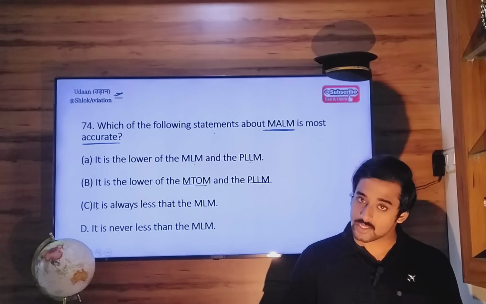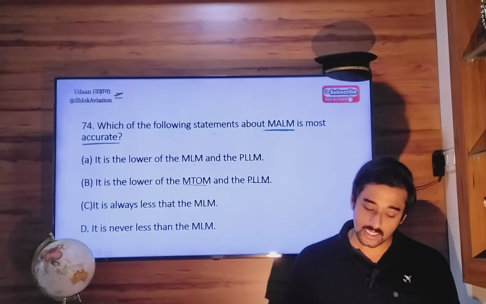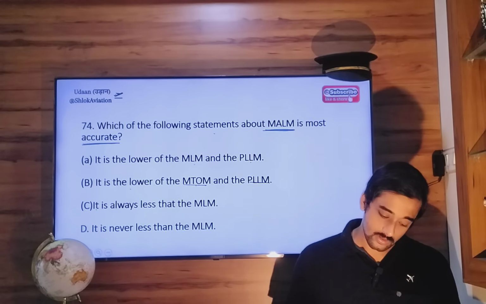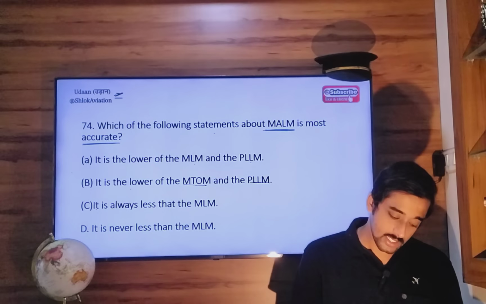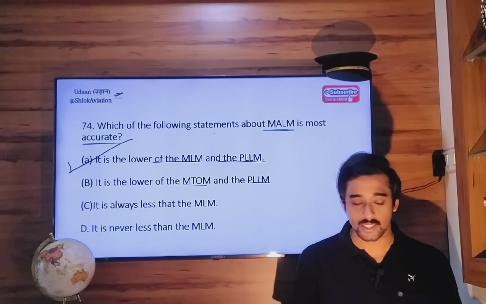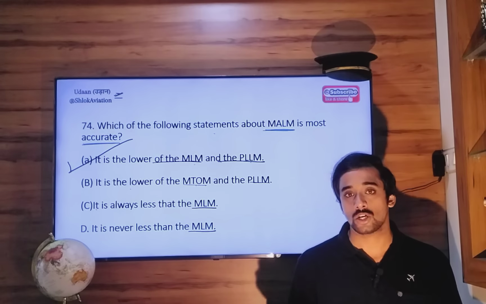So it depends. Okay, so it is never less than maximum landing mass. So that is also wrong. The correct answer is the lower of maximum landing mass and performance limited landing mass. When they talk about maximum landing mass, they mean maximum structural landing mass.